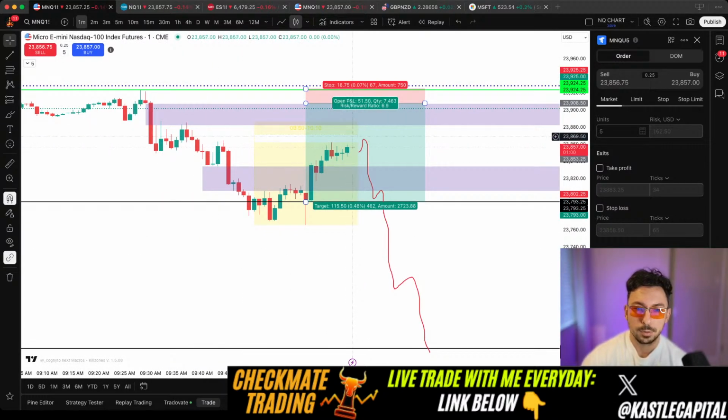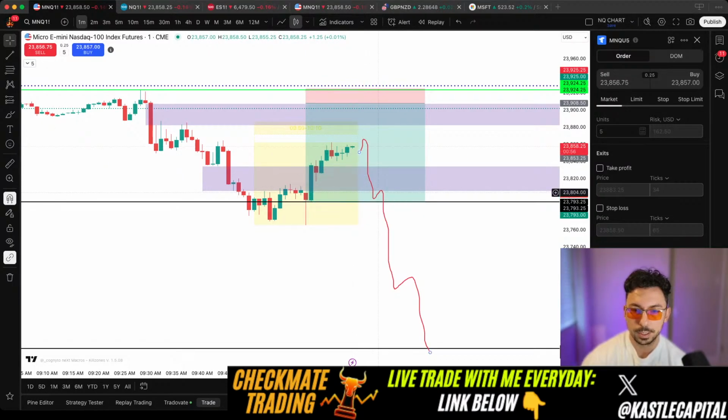So, like, I'd want to see one more candle inducing traders long here, and then a big red candle. Or a few big red candles.